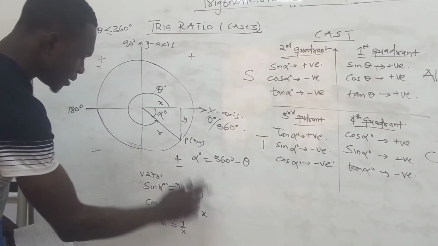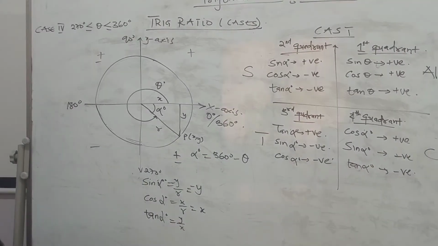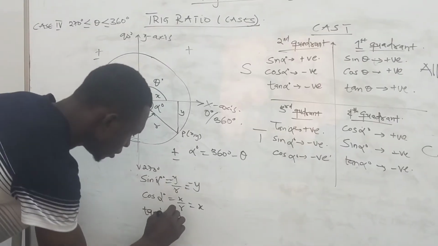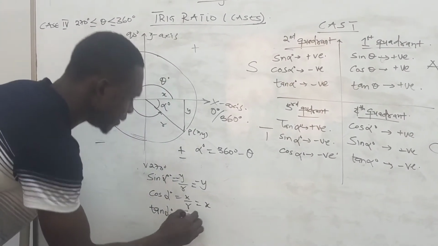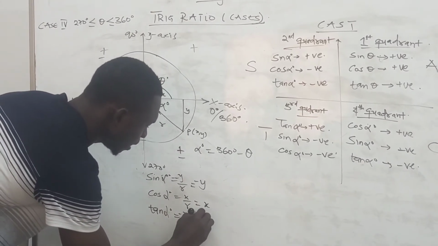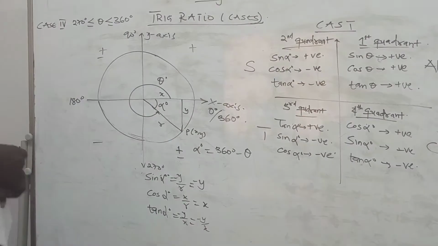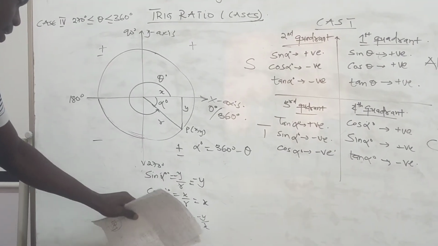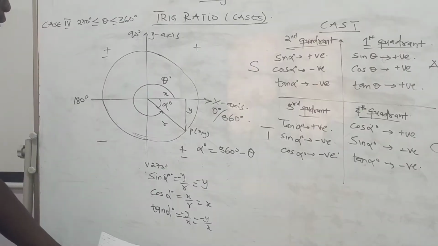So we are going to get a positive, because it's moving towards the positive direction. And the tan theta here is going to be negative over positive. So finally we're going to get negative, giving us negative y over x. So here at the fourth quadrant, we can find out that it's only cos that is positive.